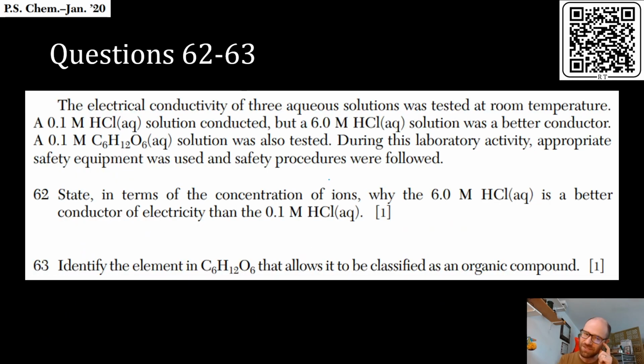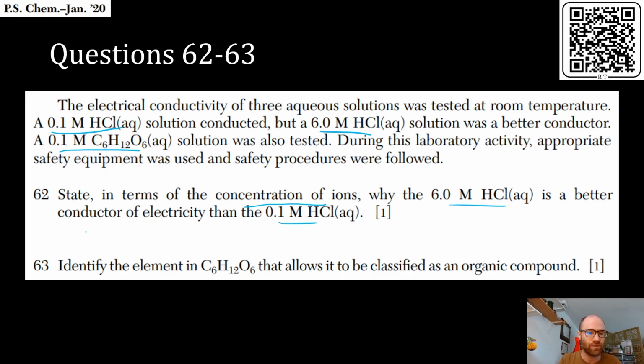All right, we're almost done. Two more sets of questions. Conductivity of 3 solutions was measured. We have this solution, 0.1 molar, 6 molar, and 0.1 molar sugar. We're not going to really worry about the sugar. Looking at the questions, it says in terms of concentration of ions, why is this one more conductive than this? I know that conductivity is based on mobile charges, so if we have more conductivity, we have more mobile charges.